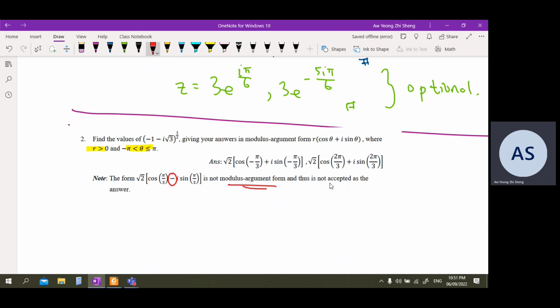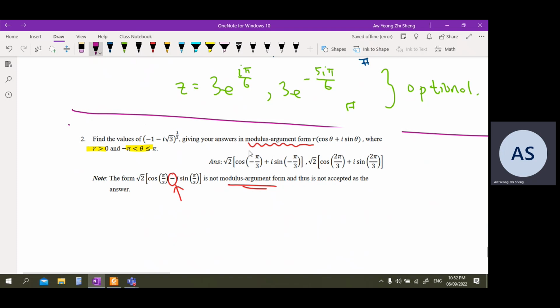Thus it is not accepted as the answer, because the question specifically says they want modulus argument form. So when you have a minus in between, it is not modulus argument form and hence cannot be accepted as a final answer. Just be aware of that.